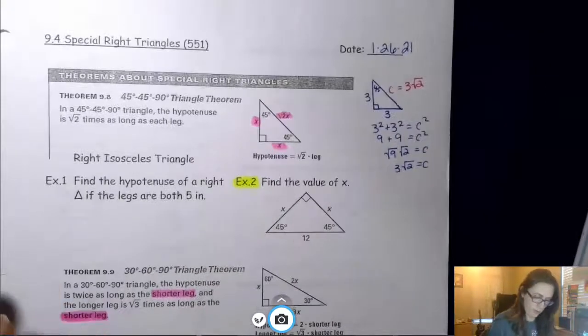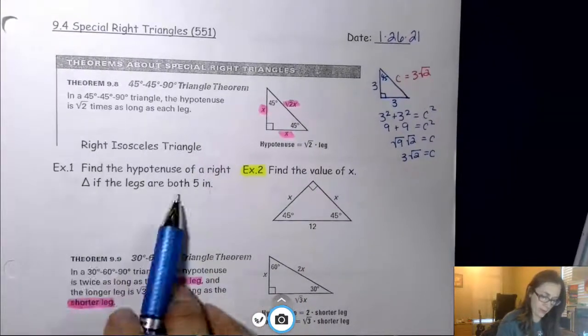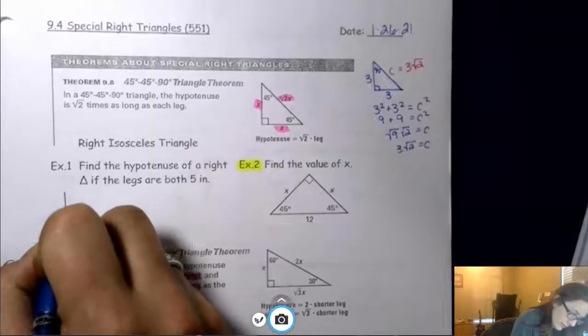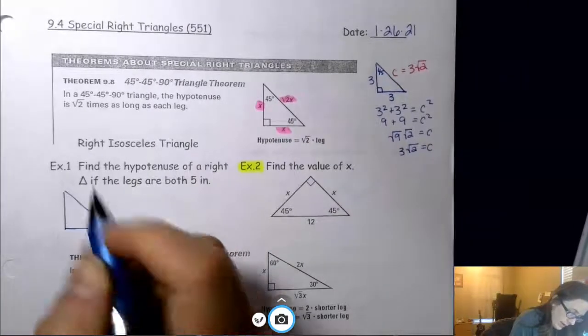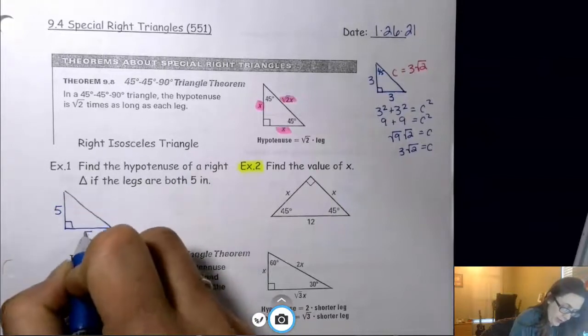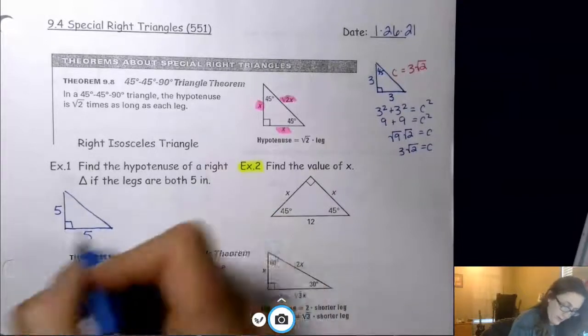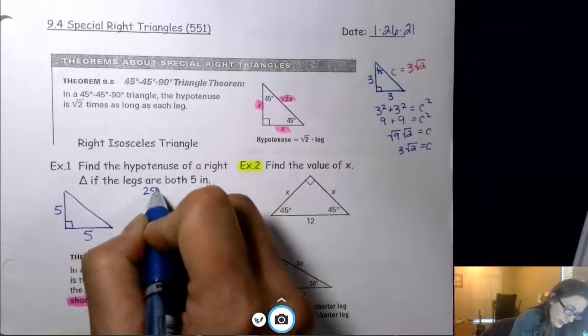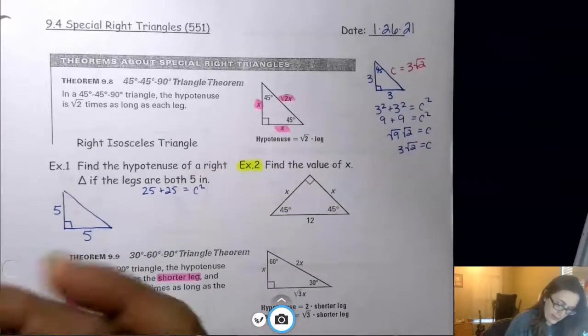So here we have another one. Let's say we have: find the hypotenuse of a right triangle if the legs are both 5. So notice, it doesn't even have to tell me that it's a 45, 45, 90. If I know both legs are 5, I know the angles are 45. 5 squared and 5 squared is 25 plus 25 equals c squared. Well, that's 50.